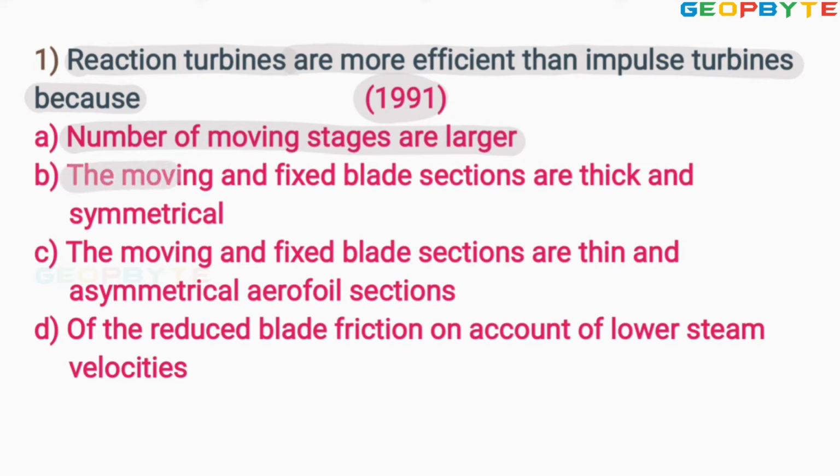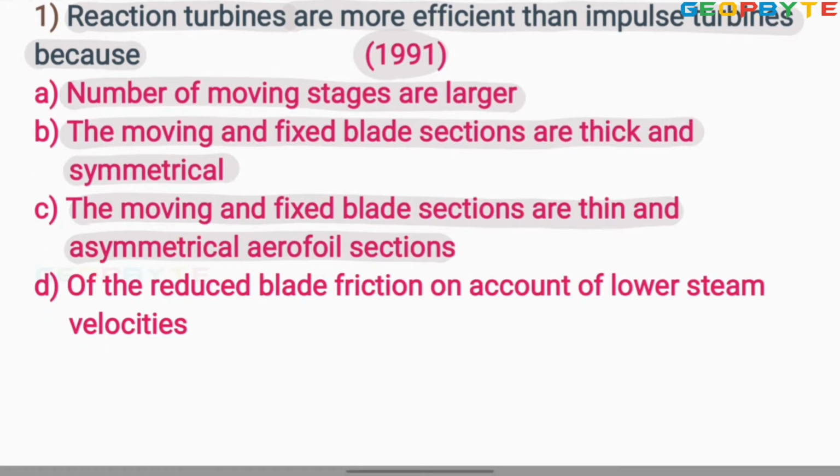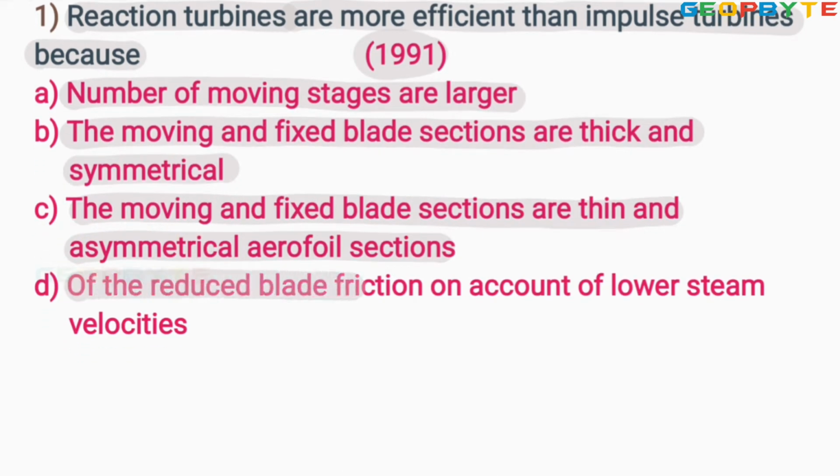Option B, the moving and fixed blade sections are thick and symmetrical. Option C, the moving and fixed blade sections are thin and asymmetrical aerofoil sections. D, the reduced blade friction on account of lower steam velocities. Option D is absolutely correct.